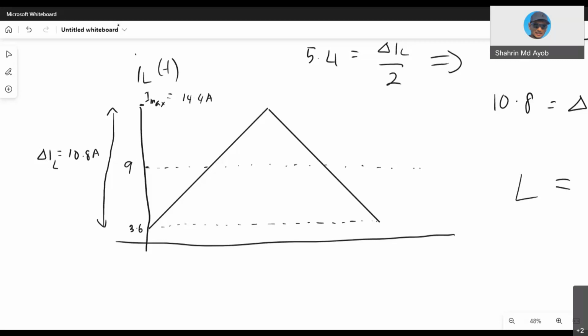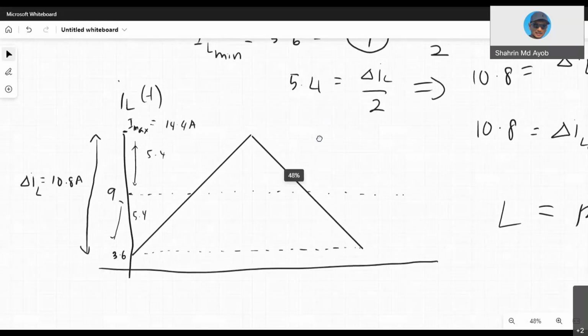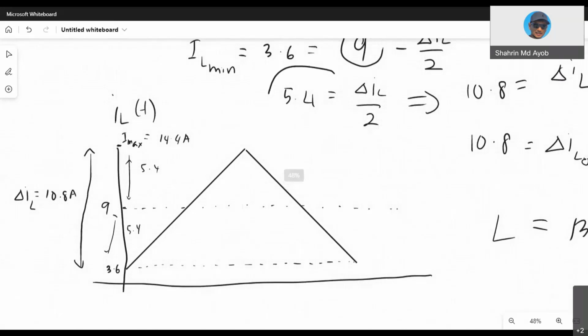Kan? Sebab this one is 5.4. This one also 5.4. Betul tak? Delta IL multiply, so 10.8. So I min 3.6. I max is 9 plus 5.4, 14.4.